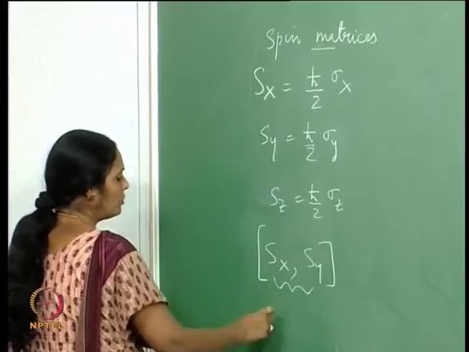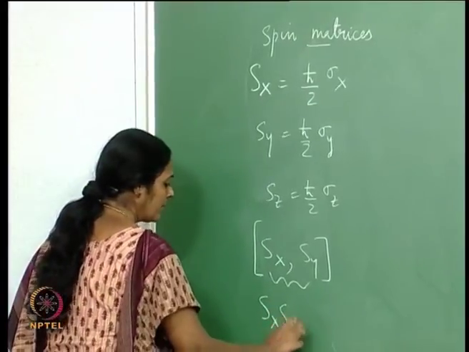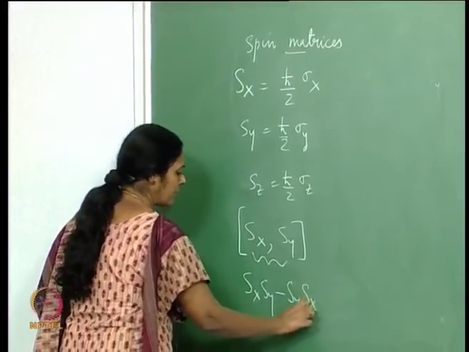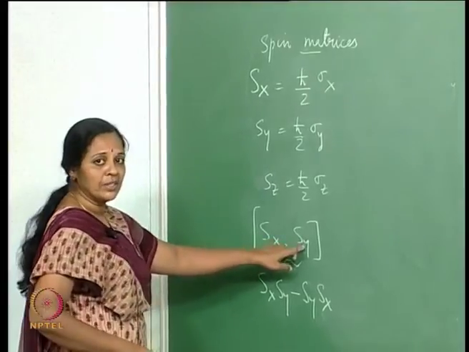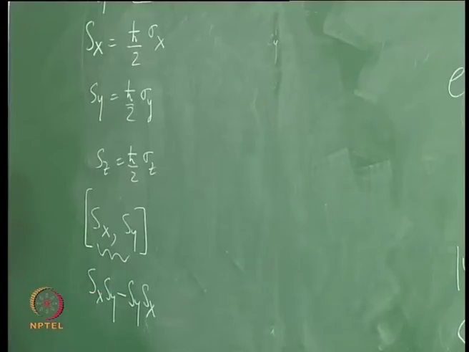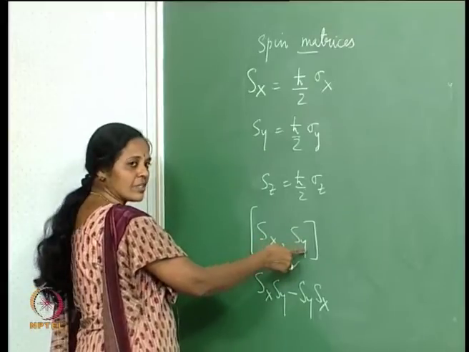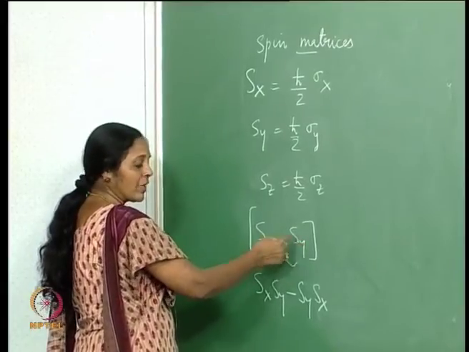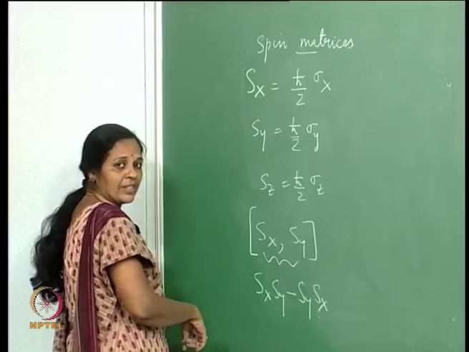If I find the commutator of Sx and Sy, the commutator is this. By definition, the commutator of A with B is AB minus BA. Remember, these are matrices. So, Sx Sy is in general not equal to Sy Sx.